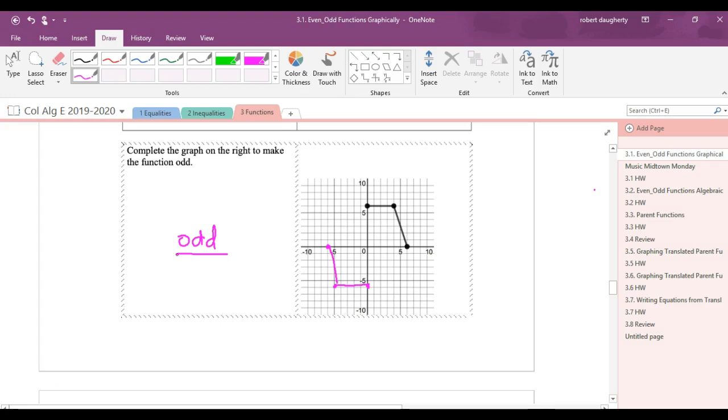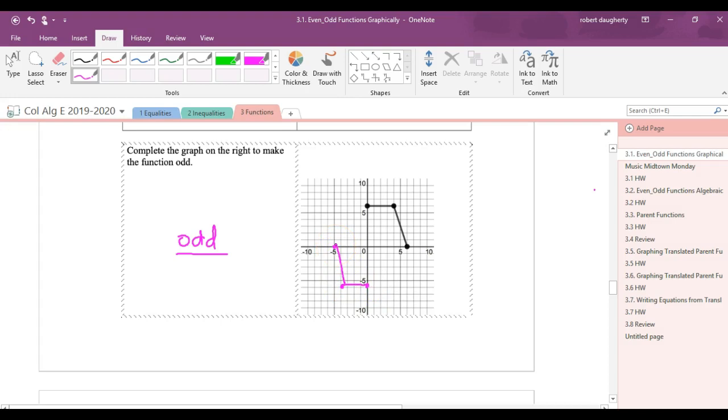This is found by going to the left, did I do it wrong? Left 4 and down 6. So let me draw that a little bit better. Left 4 and down 6 is right here, and then right here, and right here. Okay, a little bit better.